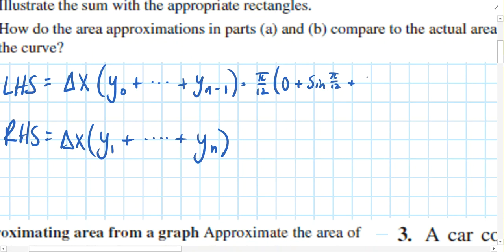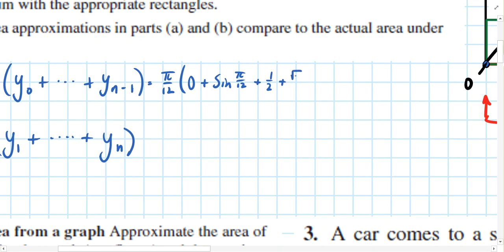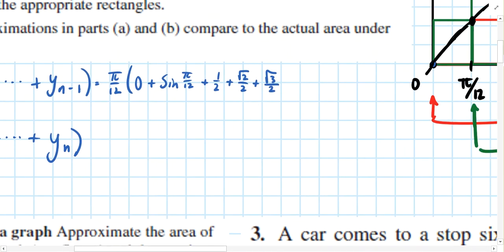Then sine of pi over 6, which is 0.5, or I'm going to go ahead and write it as a fraction, a half. Sine of pi over 4, radical 2 over 2. Now, these aren't helpful for us in graphing, but as far as claiming the results of the trig function, it doesn't hurt to write these as fractions. I'm going to have to use a calculator to evaluate this statement anyway.